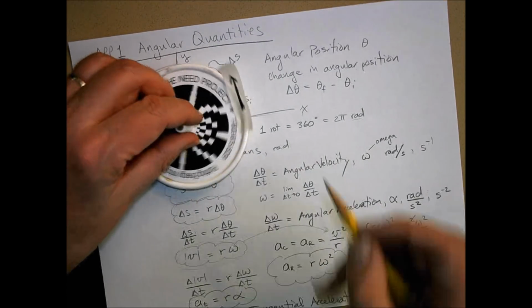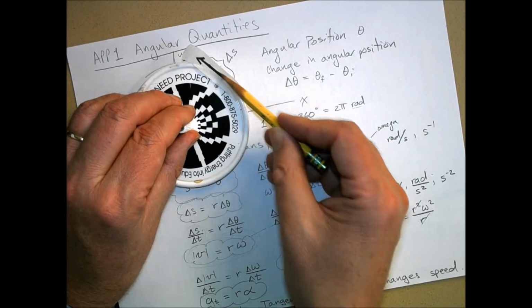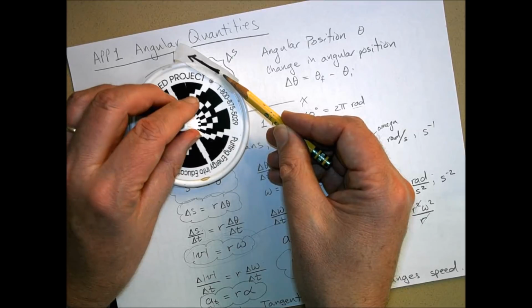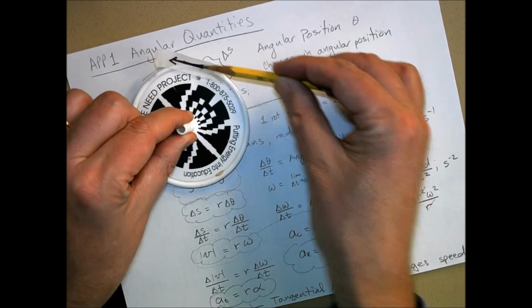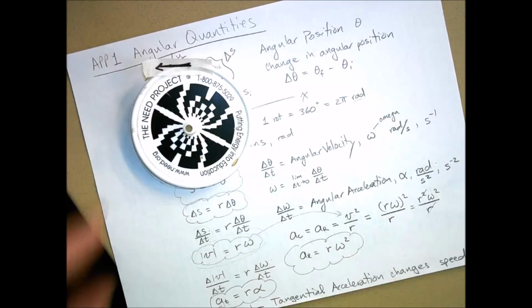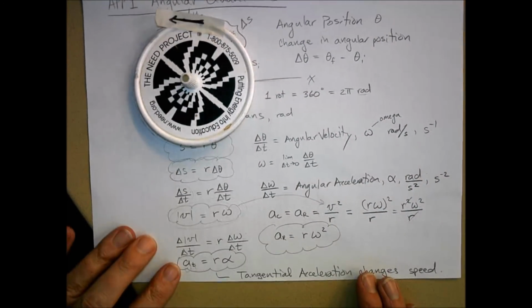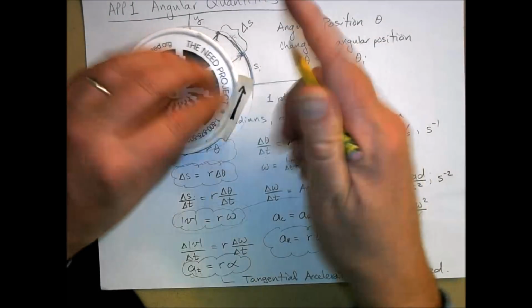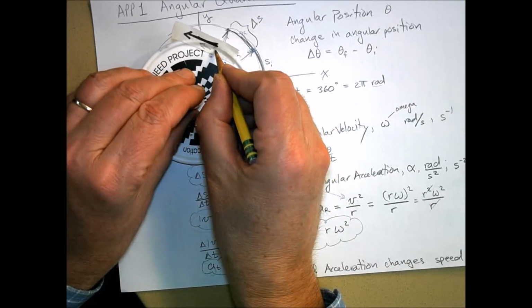But if I want to increase the speed, I need an acceleration that is in this direction. Like if I want this to go faster, I have to have an acceleration in this direction. We call this the tangential acceleration. So the tangential acceleration is tangential to the path. There's my little a sub t right there.